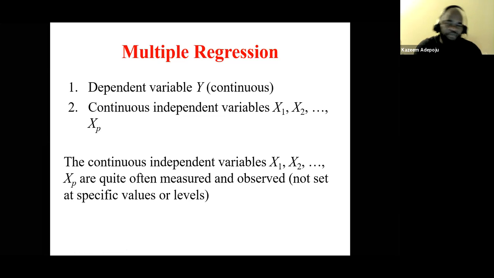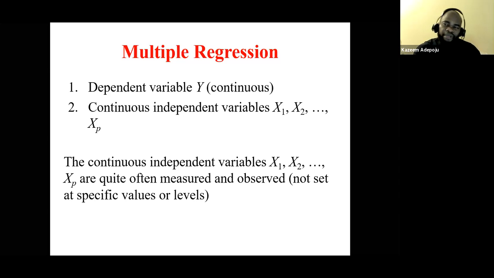Now, what I'm trying to talk about is that the combination of the analysis of variance and the regression analysis is what we call analysis of covariance.